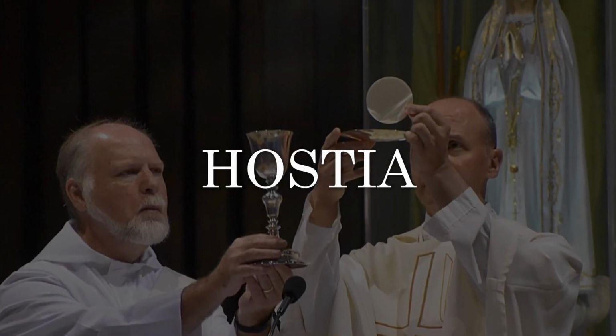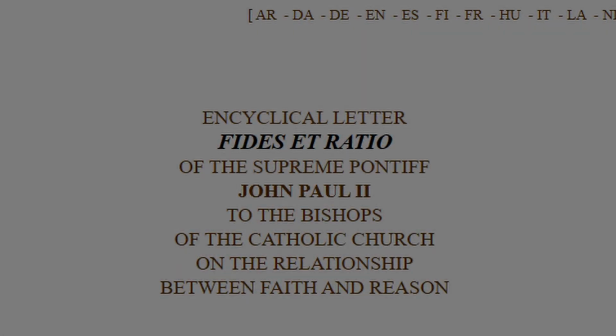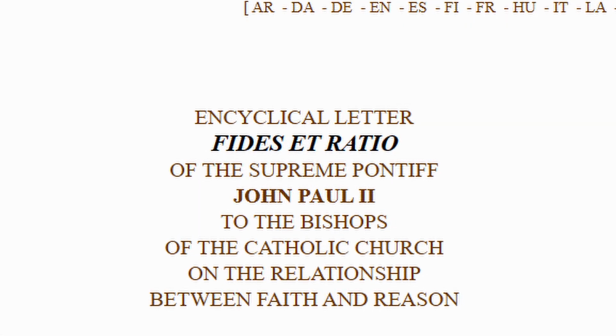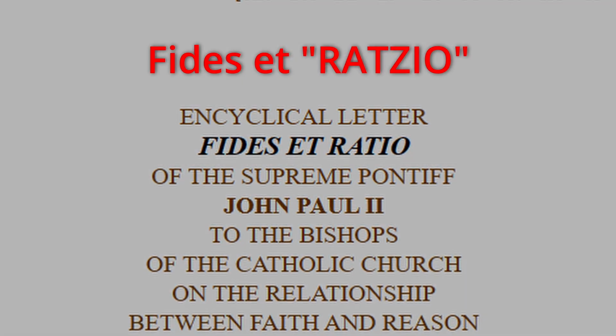So this word, which means a sacrificial victim, is pronounced hostia. In other places, the combination TI sounds more like a TZ. Think of Pope John Paul II's encyclical on faith and reason. In Latin, we pronounce that fides et ratio.